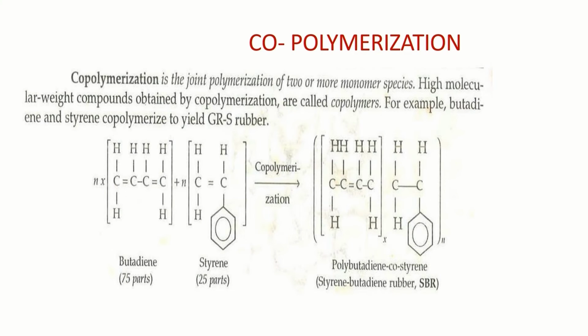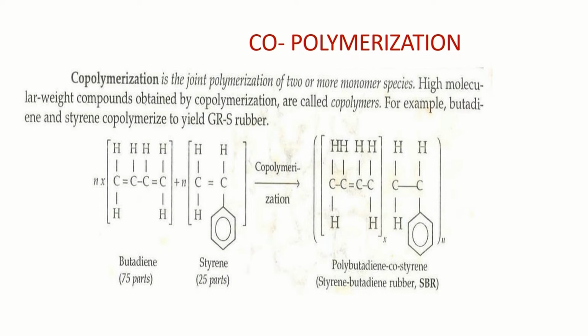And the third type of polymerization reaction is called copolymerization. Copolymerization satisfies three conditions. The first condition is minimum two types of monomer are involved in the polymer reaction and no byproducts are formed in this reaction, and the product is not exactly a multiple of the monomer. The best example is the formation of polybutadiene-co-styrene or styrene butadiene rubber.